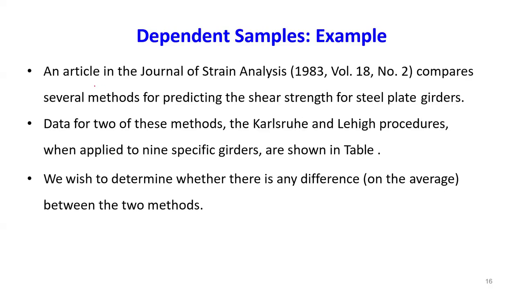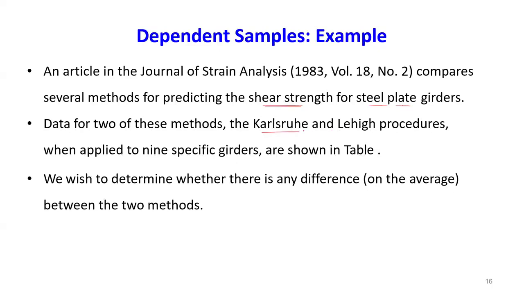So, for example, in this particular article, they're comparing methods for predicting the strength of steel plates. There are two different methods by which they are comparing the strength. Data for these two methods, so there are two procedures.